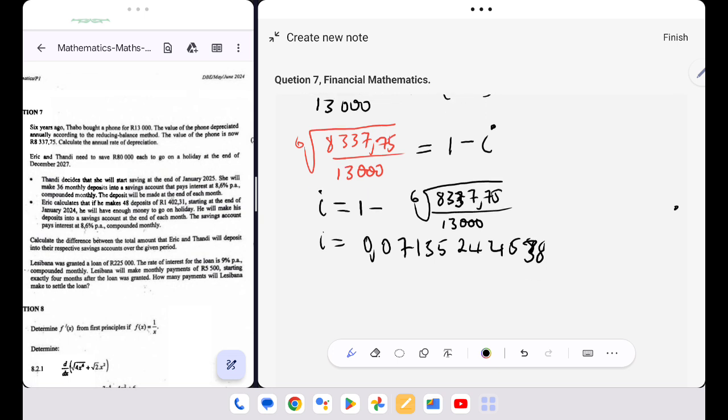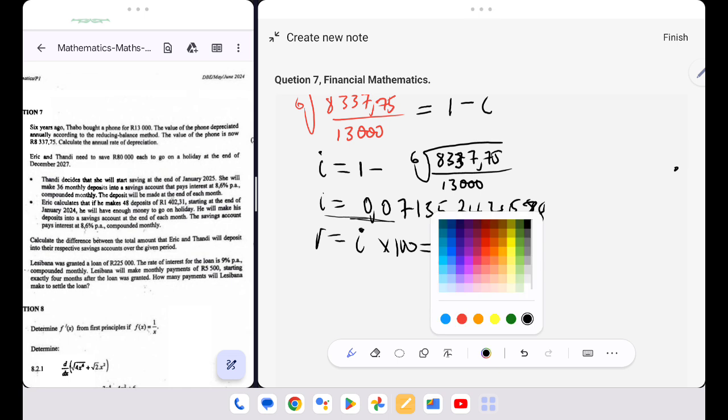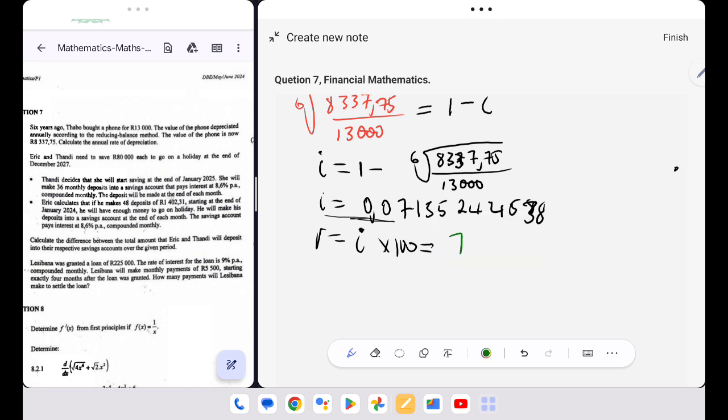But to find my rate of interest, I just need to multiply my i by 100. My i is this number here. If I multiply it by 100, I will get my rate. So my rate of interest will be 7.14% per annum.